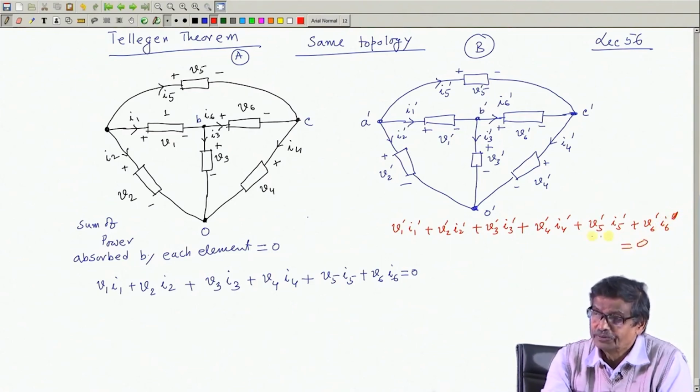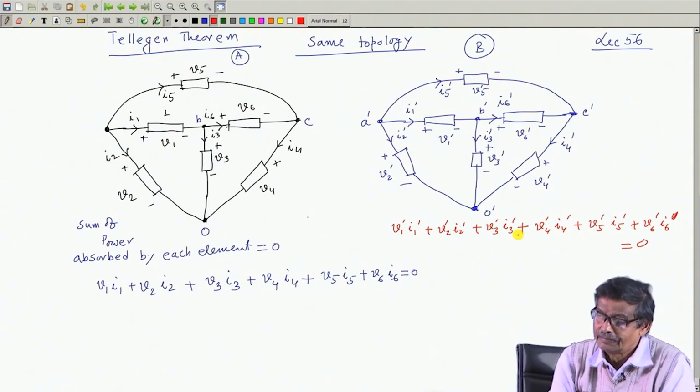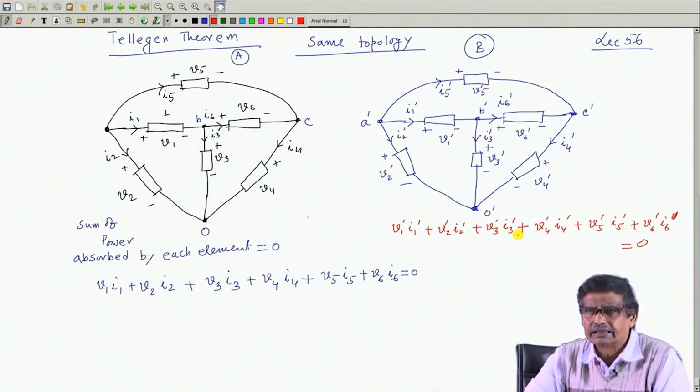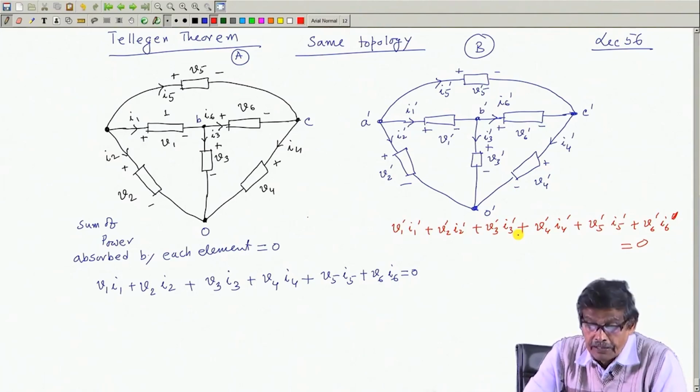That will also be 0, why not? Separate network. So, this is the power balance equation for each of the networks, and nothing surprising about this.